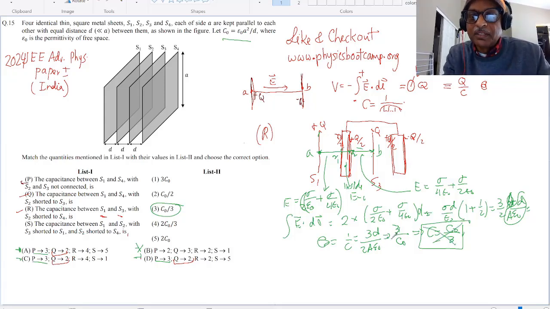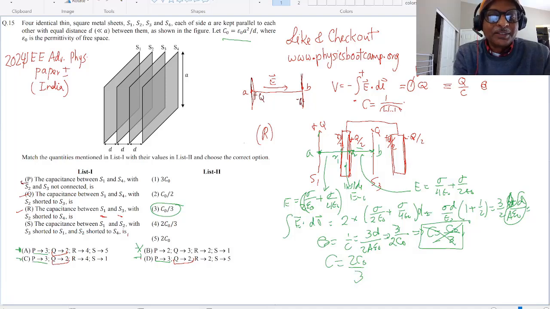So I have a 3 over 2C0, so C is 2C0 over 3. So this is that answer. So R is that answer.